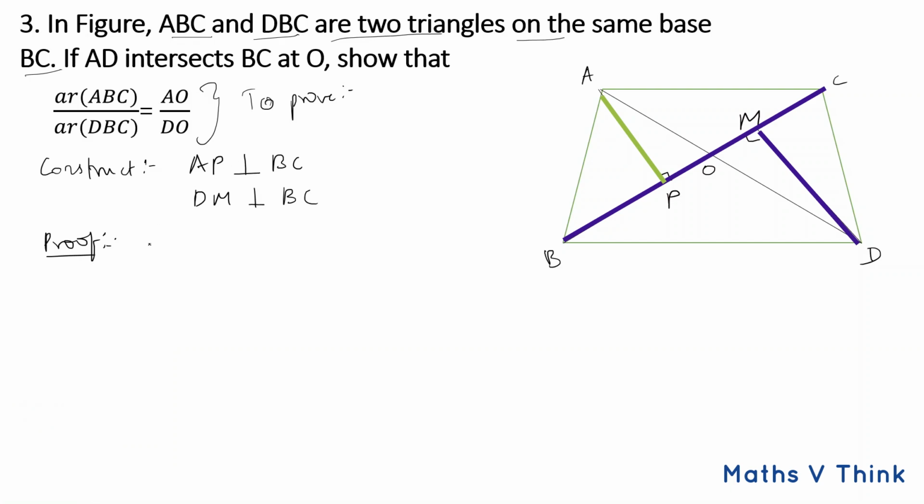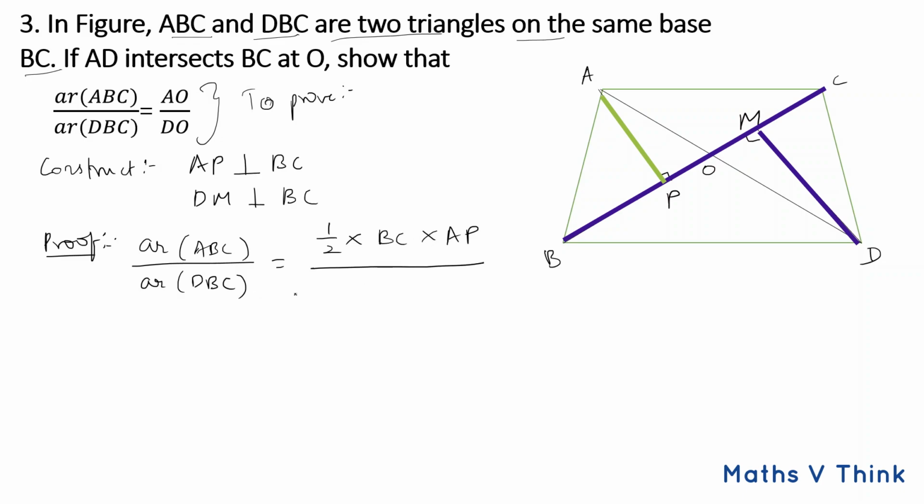So as given in the question, area of ABC divided by area of DBC is equal to half into base BC into height AP, divided by, same way for DBC, half into base BC into height DM.